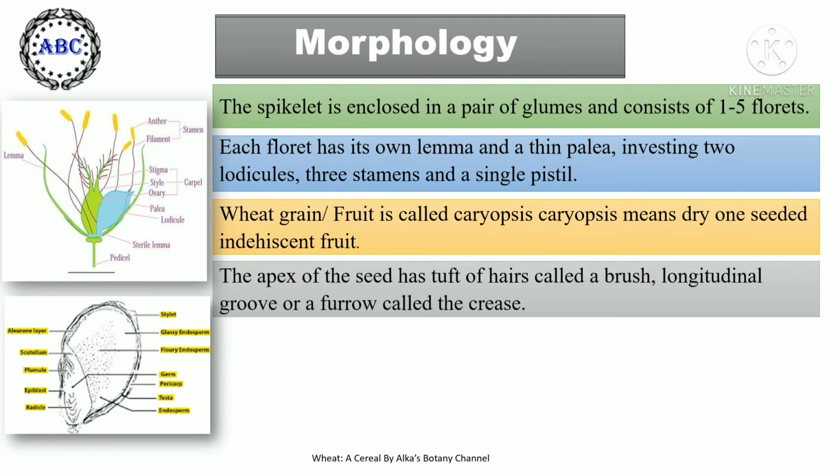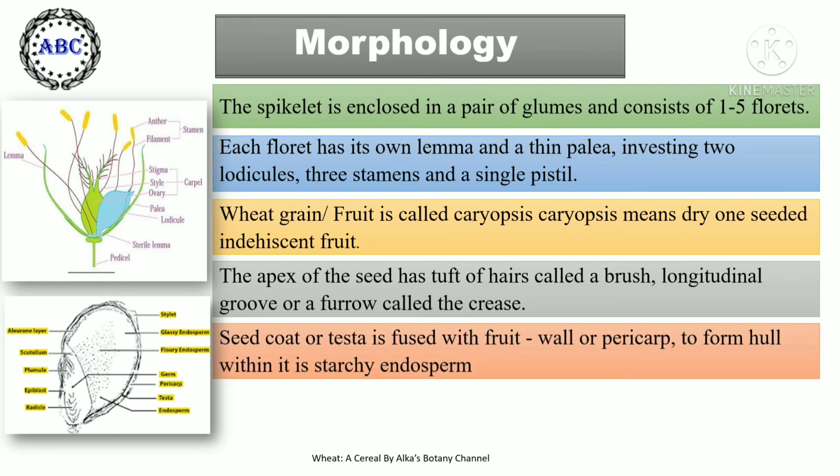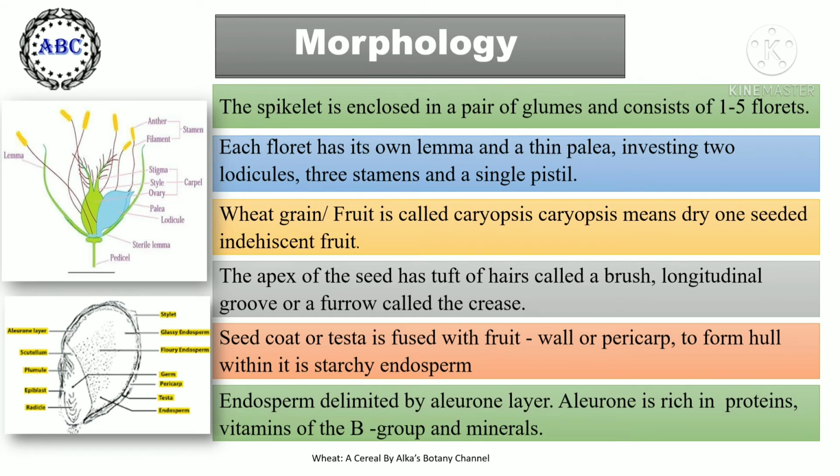The apex of the seed has a tuft of hairs called the brush, and a longitudinal groove or furrow called the crease. The seed coat or testa is fused with the fruit wall or pericarp to form the hull. Within it is the starchy endosperm, delimited by the aleurone layer, which is rich in proteins, vitamins of B group, and minerals. B group vitamins means B6, B12 and so on, along with the minerals.